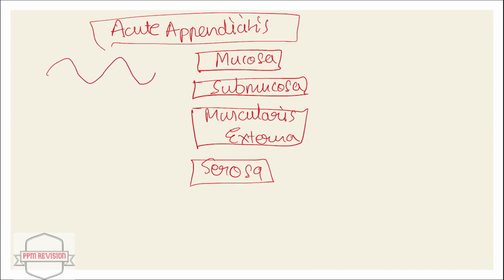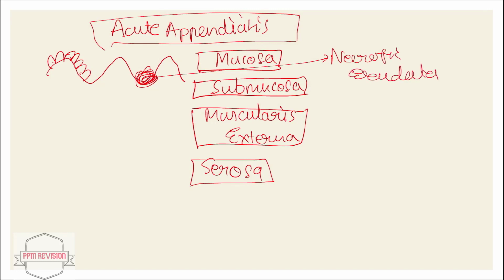So we'll be drawing the diagram again. This is how it looks. We have a few cells here, and the presence of necrotic exudates can be seen, or the necrotic material.